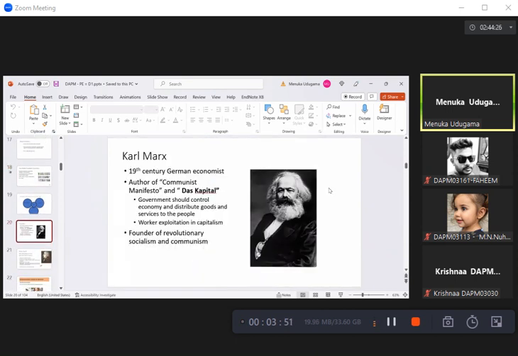Right, and we looked at Karl Marx very briefly, because he is one of the greatest economists, and his book Das Kapital led to a lot of revolutions, which were focused on moving from capitalistic economies towards socialism and ultimately communism.